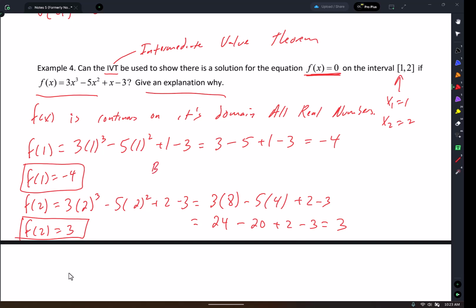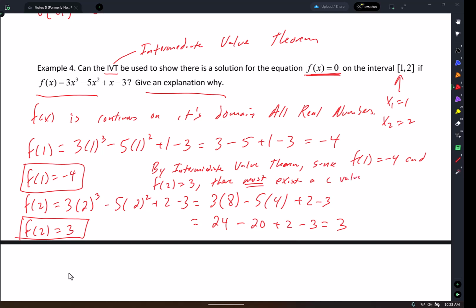So I'm going to say by Intermediate Value Theorem, since f of 1 equals negative 4 and f of 2 equals 3, there must exist a c value, and the c value is just an x between 1 and 2, where 1 less than c less than 2, such that f of c equals 0.